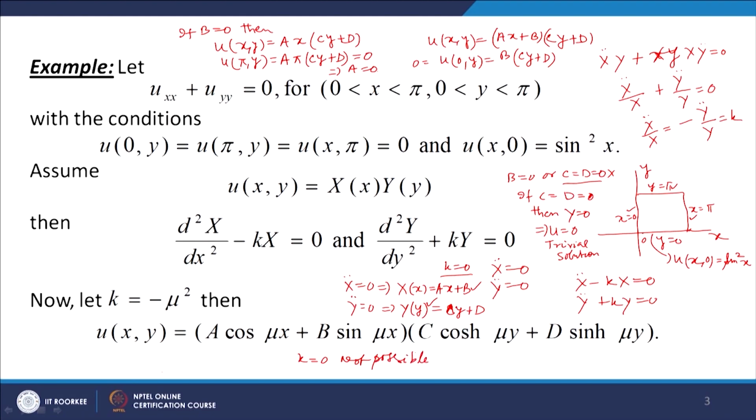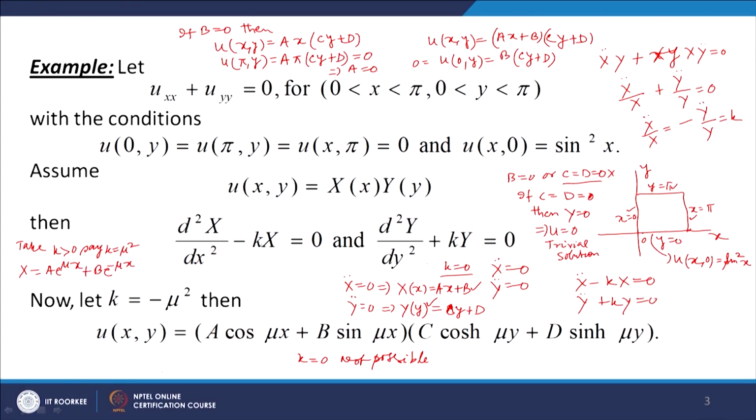Let us now consider the case K equal to mu square, K greater than 0. Then what we will get? d square X over dx square minus mu square X equal to 0 means X will be equal to A e to the power mu x plus B e to the power minus mu x.